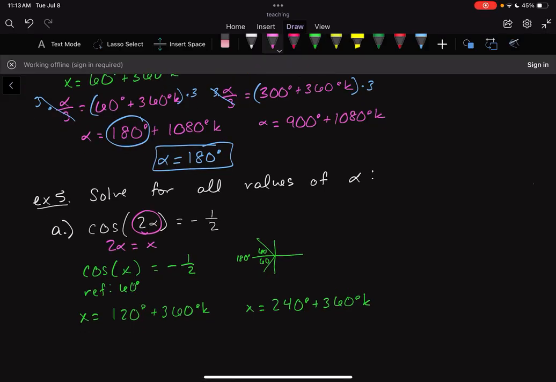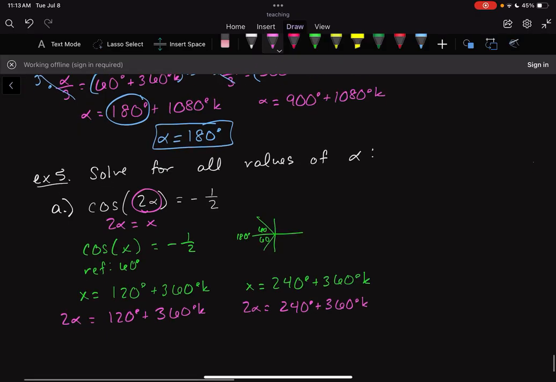Then I can replace the 2 alpha back in. Divide by 2.